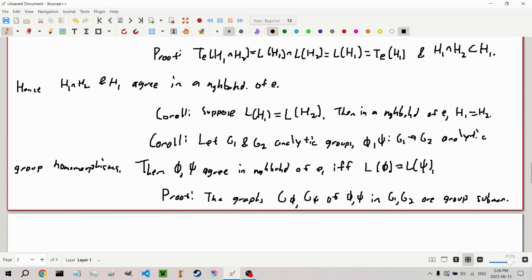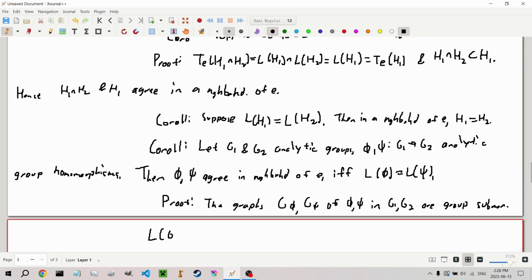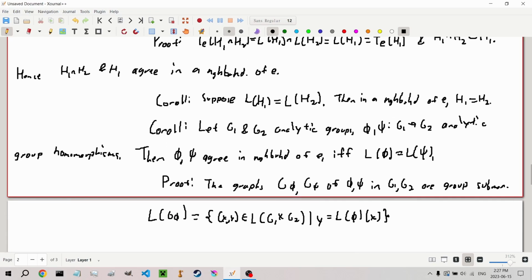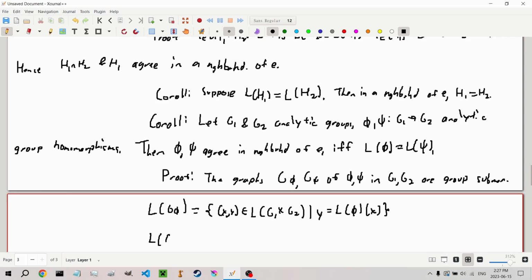And from a previous identification, we have L of G phi being the set of pairs in L of G1 times G2, where Y is the image under L of phi of X. And likewise, we have L of G psi defined in much the same way, where Y is L of psi of X. So they're the charts, I believe, of these functions, is how you'd call that, potentially.